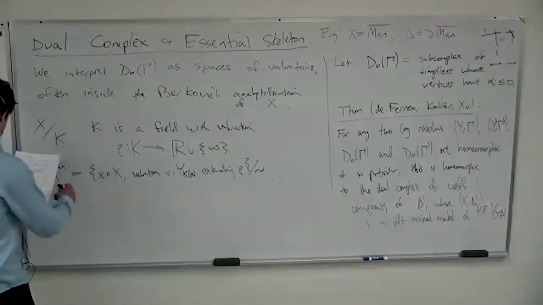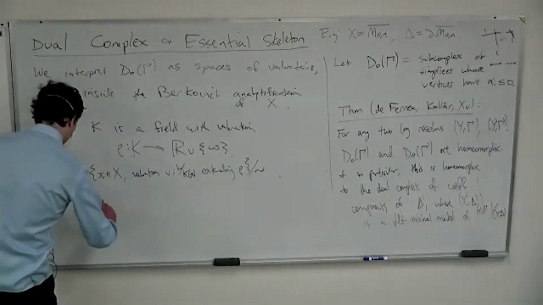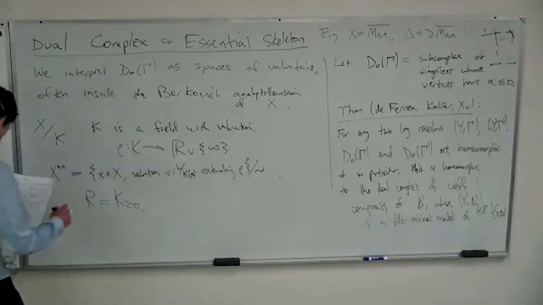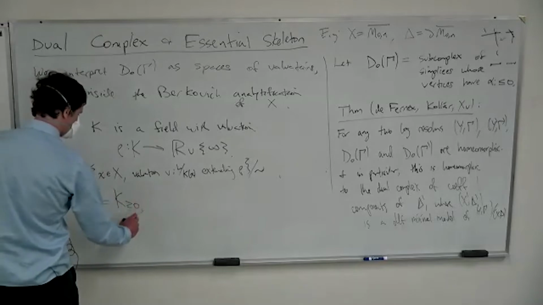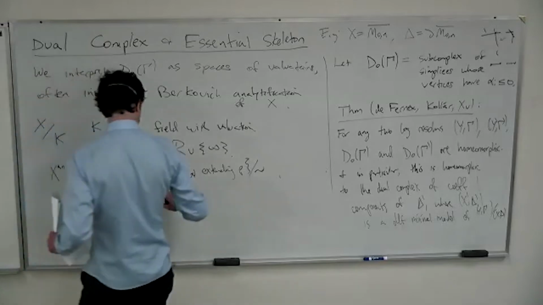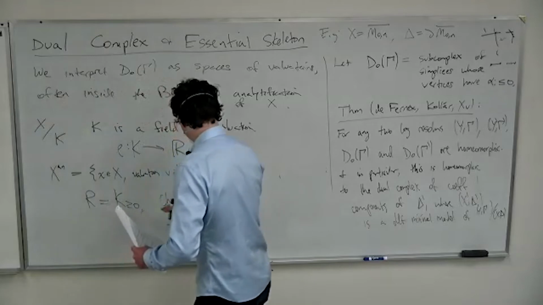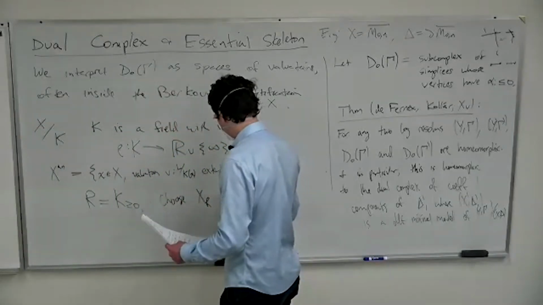Okay, so I also want R to be my valuation ring, so it's just the elements with positive valuation, and then given my X, let's say X is some projective variety, we'll choose a model over R which is SNC.